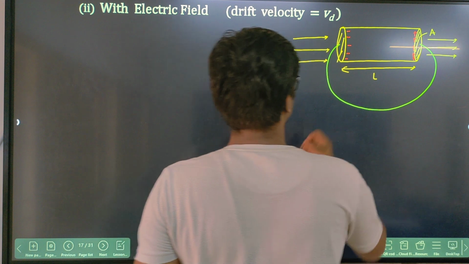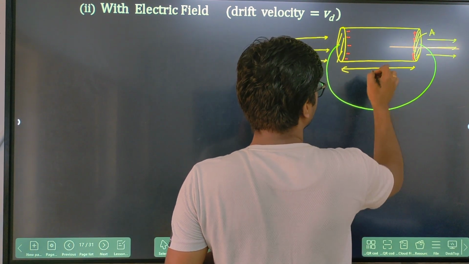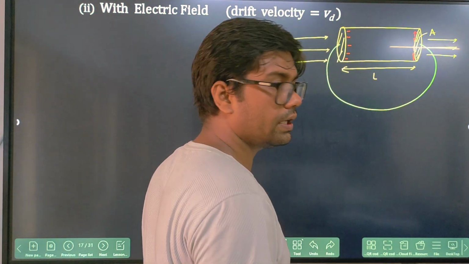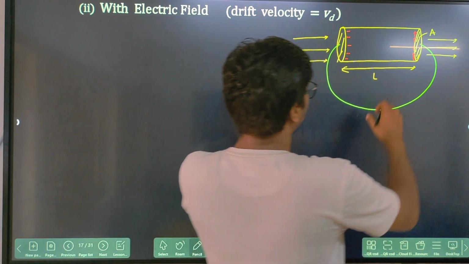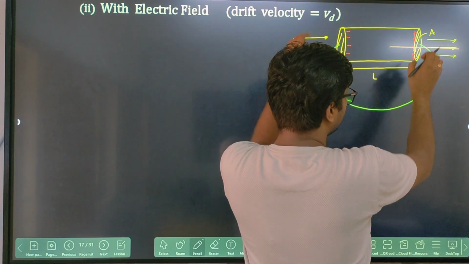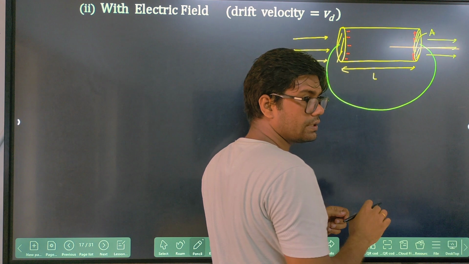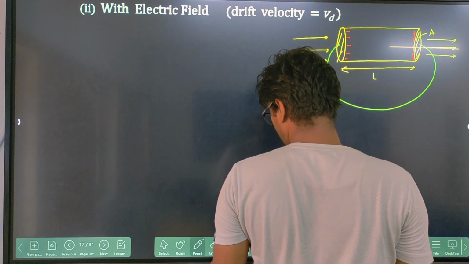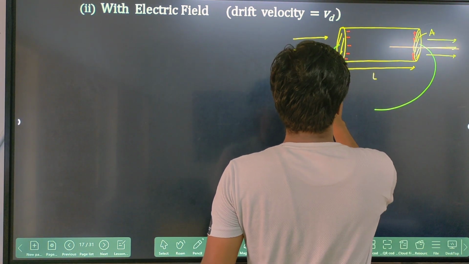So the electron will flow from here and the current will be opposite to the motion of the electron, right? So instead of putting an external electric field and joining a conductor like this, what I do now, I am just removing this.